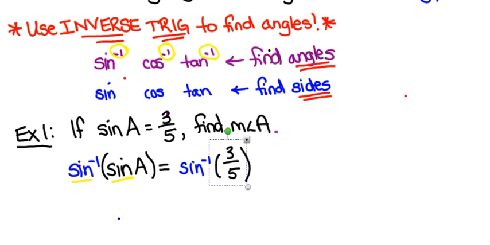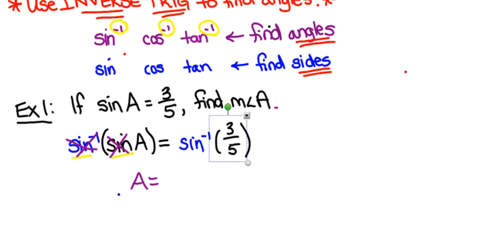The inverse operation for subtraction would be addition. So it's the undoing operation. Why this is helpful is because inverse sine and sine undo each other. They eliminate each other from the problem, and we're just left with A. So A now is going to be equal to this inverse sine of 3/5.